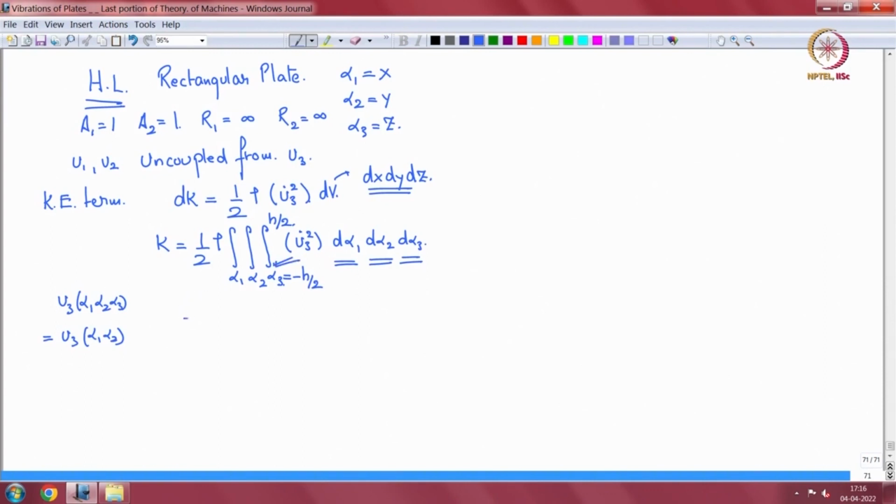So I will get K as 1/2 rho h integral alpha 1, integral alpha 2, u3 dot square d alpha 1 d alpha 2.